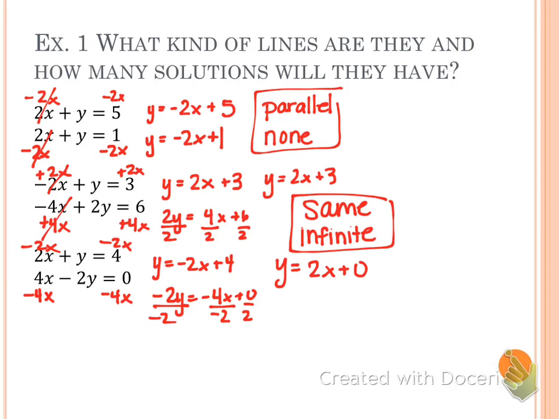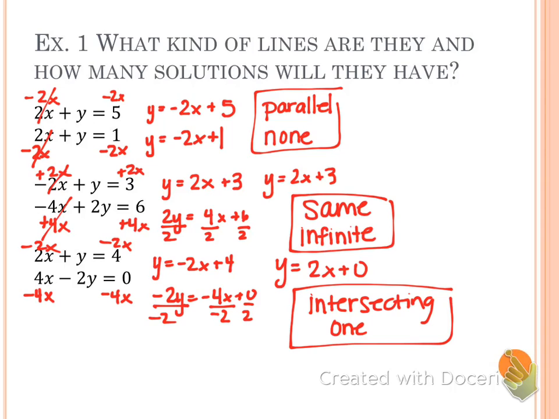Okay? Do I have the same slope? No, because one is negative and one is positive. Is the whole equation the same? Nope. So these I know are intersecting lines. Nothing is the same. And how many solutions do intersecting lines have? 1, because they only intersect at one place.